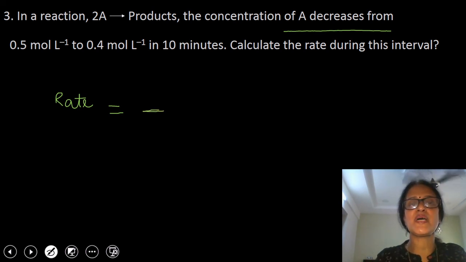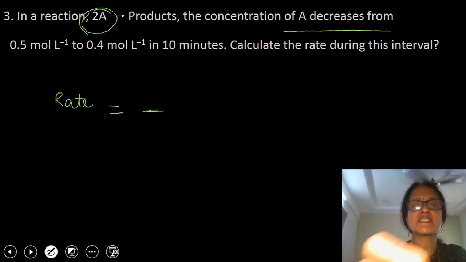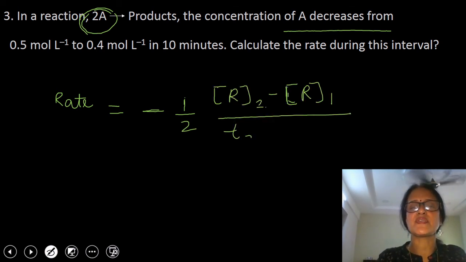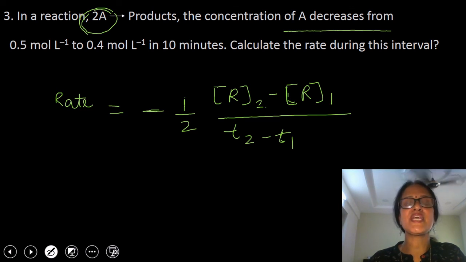we have to use minus sign, and you can see that 2 moles of reactants are here. So we have to write minus 1 by 2, R2 minus R1 by T2 minus T1. So try to recall that we have discussed for writing the rate expression for those reactions where stoichiometric coefficients are not equal to 1, rate is expressed by dividing their concentration terms with their stoichiometric coefficient.